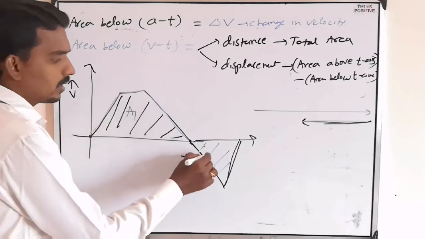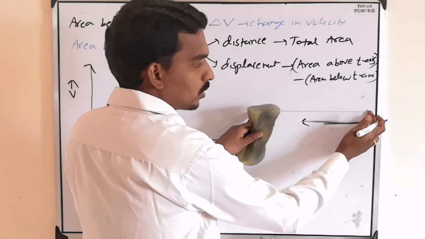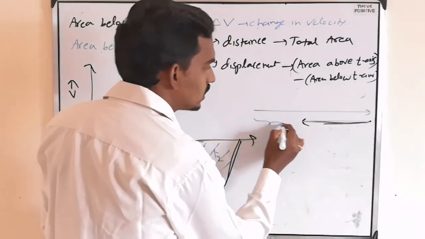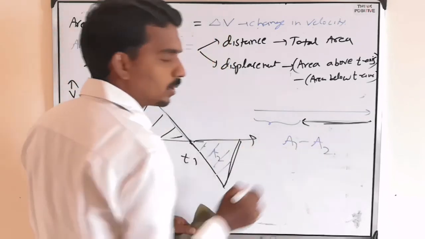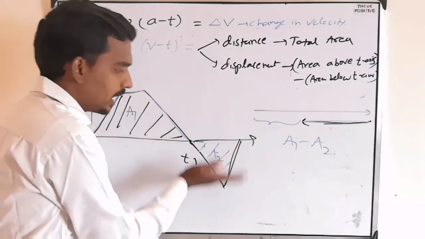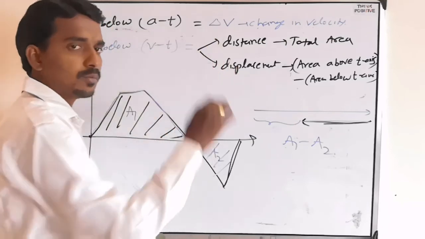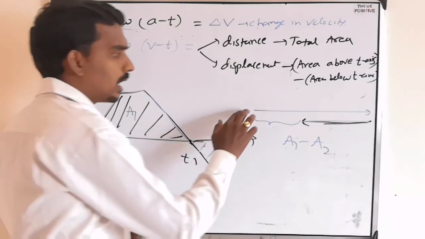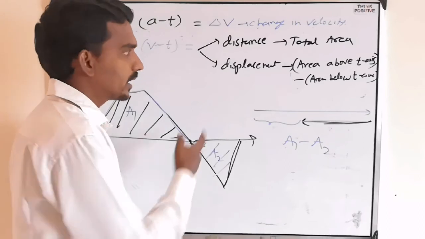Now this is A1, this is A2. A1 is this distance, A2 is this distance. Now this is nothing but displacement, A1 minus A2, the area above the time axis minus the area below the time axis. Distance is the total path length, forward as well as backward.